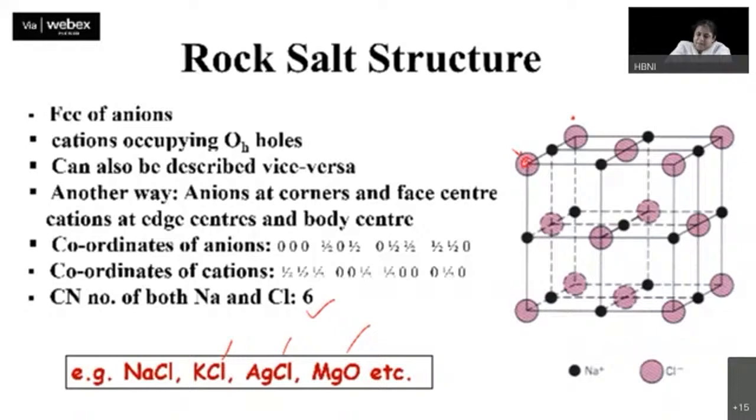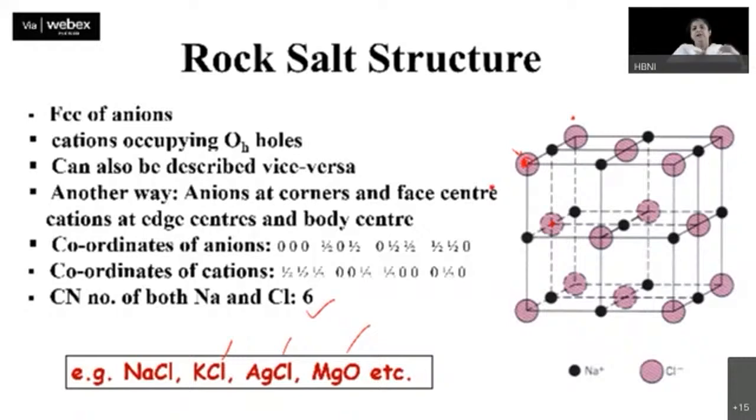And I will have a black ball in front of it here, and that will become the second corner. Similarly, this has become edge center. Now this pink ball will also become edge center. Now the black balls will lie at the corner and face centers, and the pink balls will occupy edge center and body center. Only by shifting my entire unit cell by half.